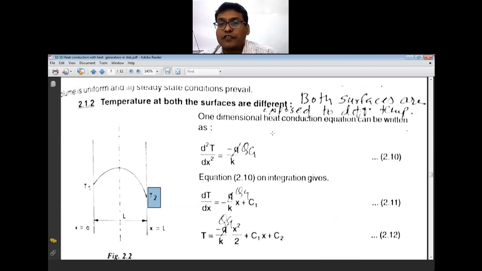So the one dimensional heat conduction equation is the same as what we have achieved from the steady state heat conduction equation with heat generation: q dot upon k. On further simplification and integration of dT/dx, you will get the constants C1 and C2.